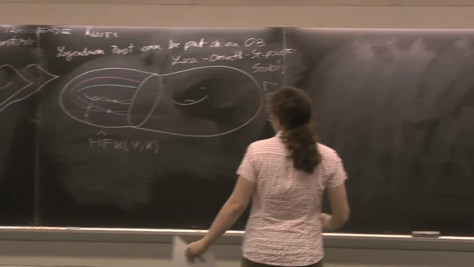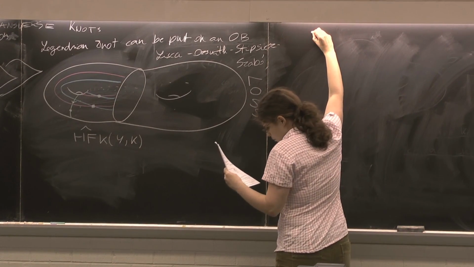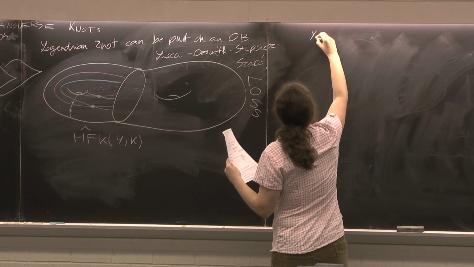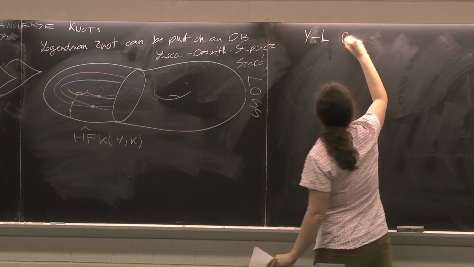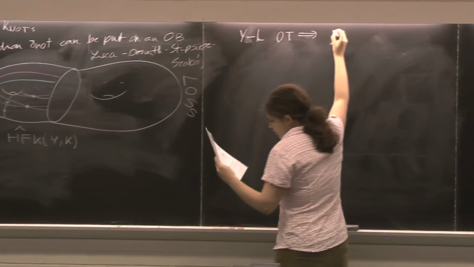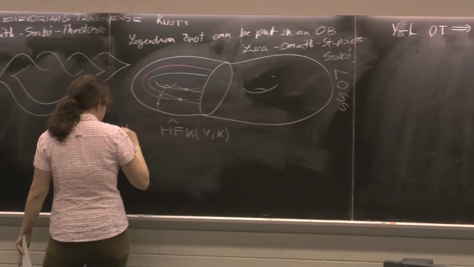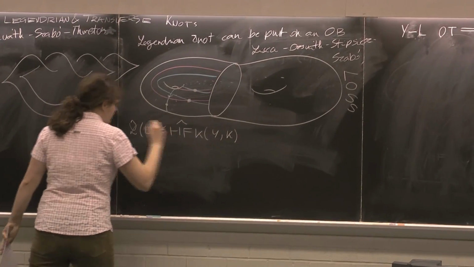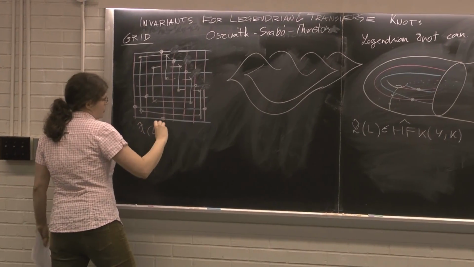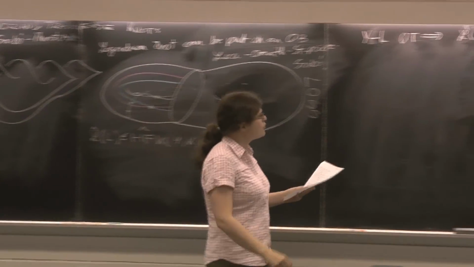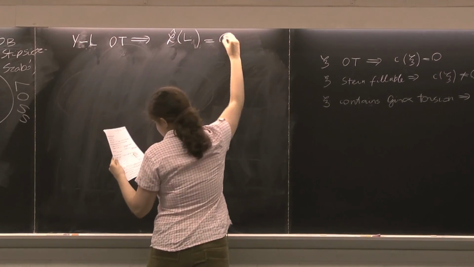So if you have a contact structure, or a knot whose complement is overtwisted, then this invariant vanishes. This is called L hat, corresponding to the Legendrian knot, and this is called lambda hat, corresponding to the Legendrian manifold. So this vanishes.